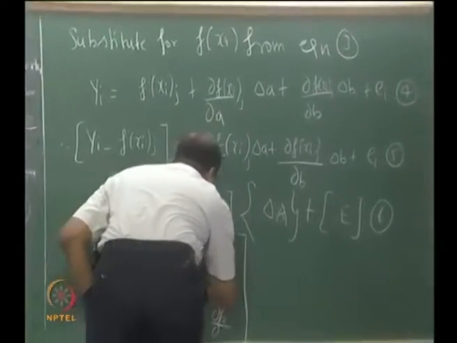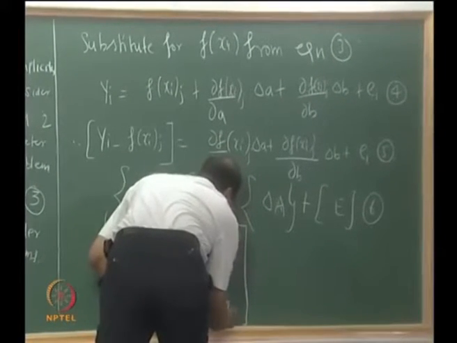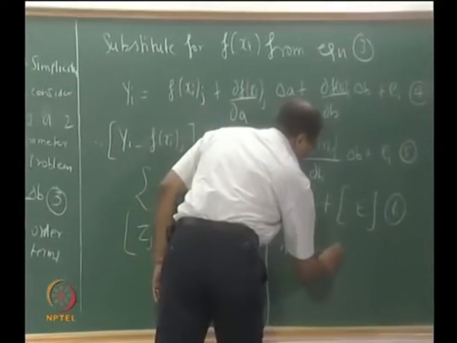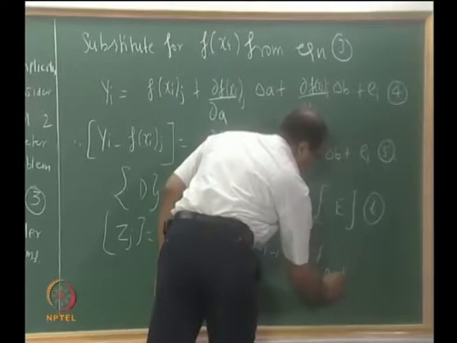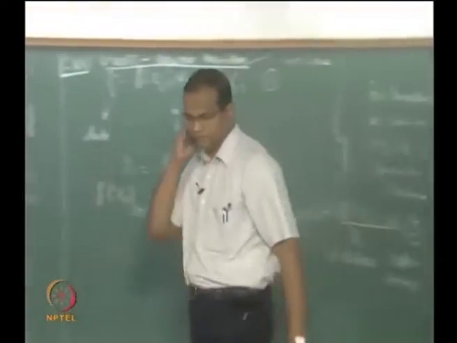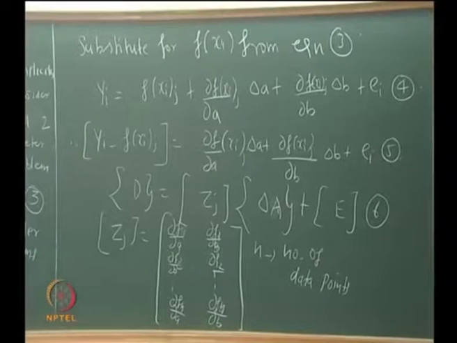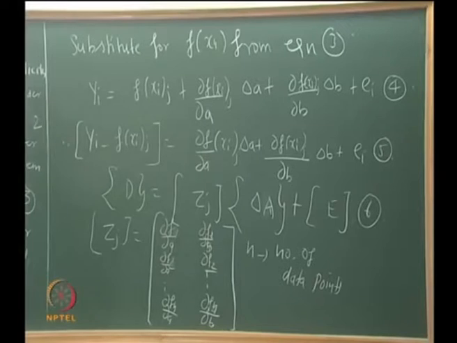Okay, F1, F2, where n, so dou F1, dou F2, that F1 F2 is a notation, the number of points.